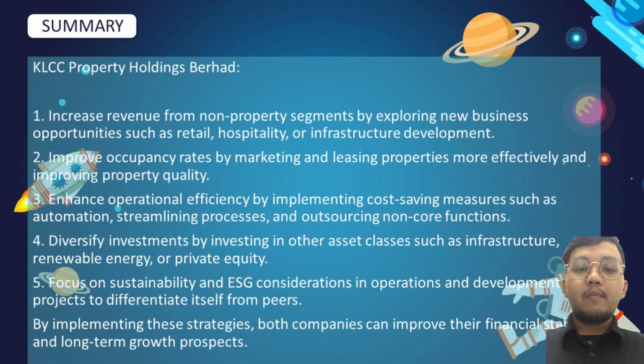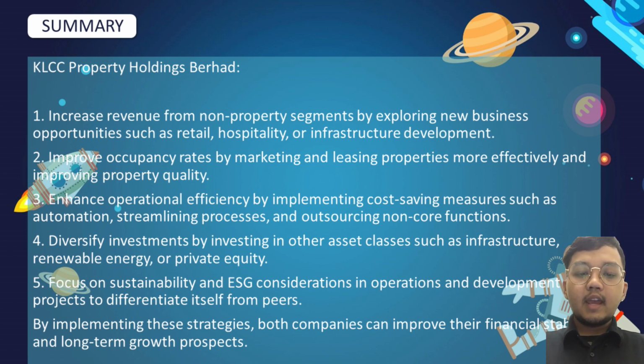For KLCC Property Holding Berhad: first, increase revenue from non-property segments by exploring new business opportunities such as retail, hospitality, and infrastructure development. Second, improve occupancy rates by marketing and leasing properties more efficiently and improving property quality. Third, enhance operational efficiency by implementing cost-saving measures such as automation, streamlining processes, and outsourcing non-core functions.